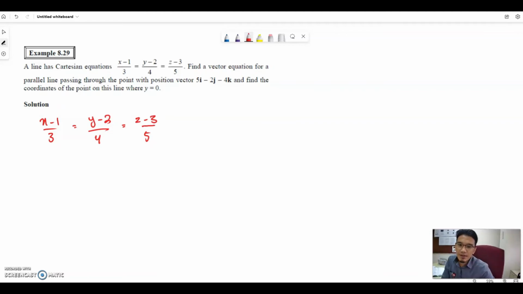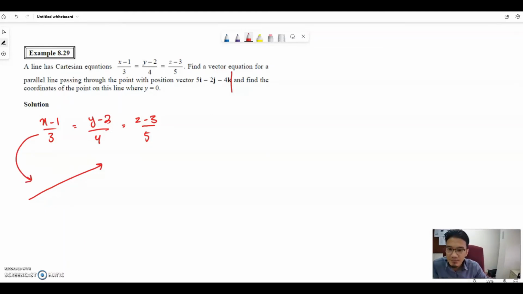Find a vector equation for a parallel line passing through the point with position vector. So the question says that we already have a line with this Cartesian equation.